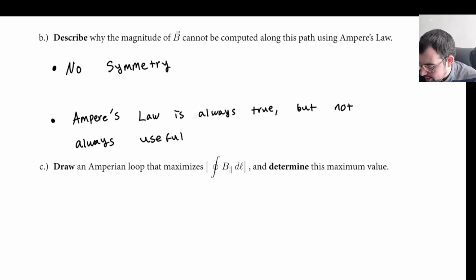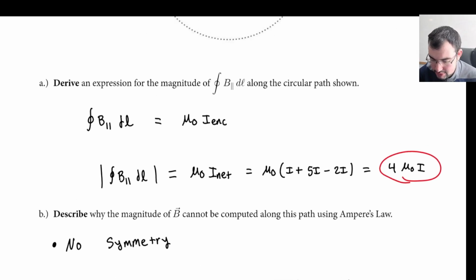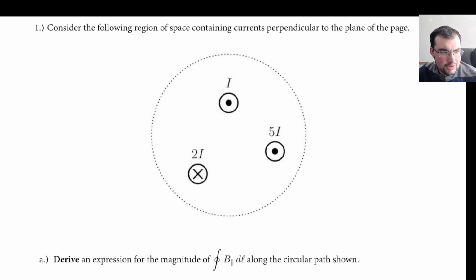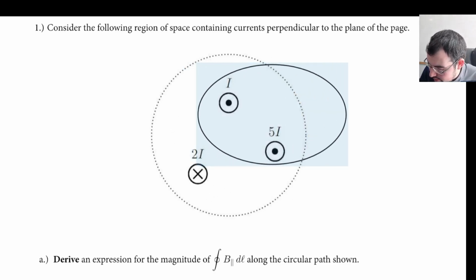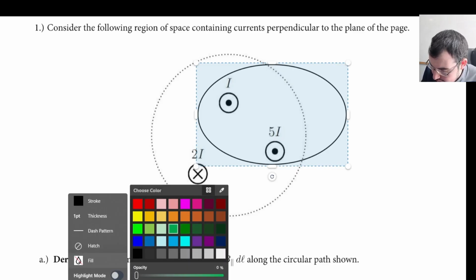All right, now let's draw another loop that maximizes magnetic circulation in this problem. So magnetic circulation is proportional to the enclosed current, so I need to figure out how to maximize the enclosed current. So our issue here is that this loop enclosed some current that was fighting our two sources. So we want just any sort of loop that encloses just the two larger currents.